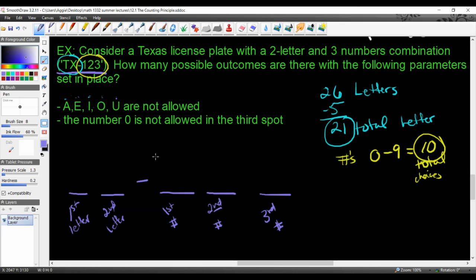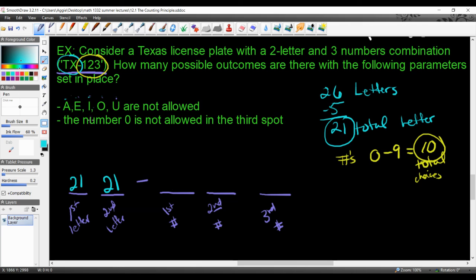That's just my personal way. For the first letter, we have 21 options. We can use any of the letters except for A, E, I, O, or U. For the second letter, it does not say anything about not repeating them, so we still have 21 options. We can repeat the letters if we want to. There are no restrictions about that.